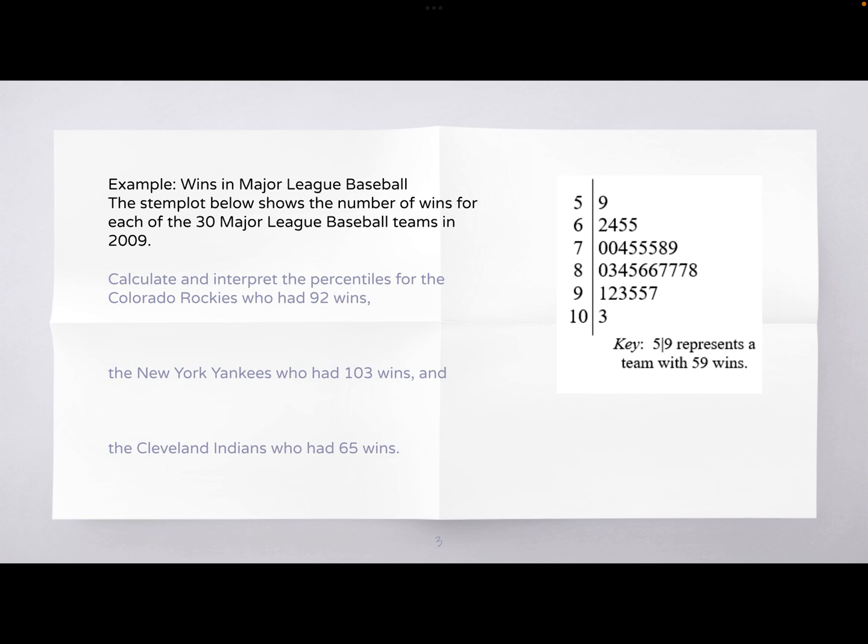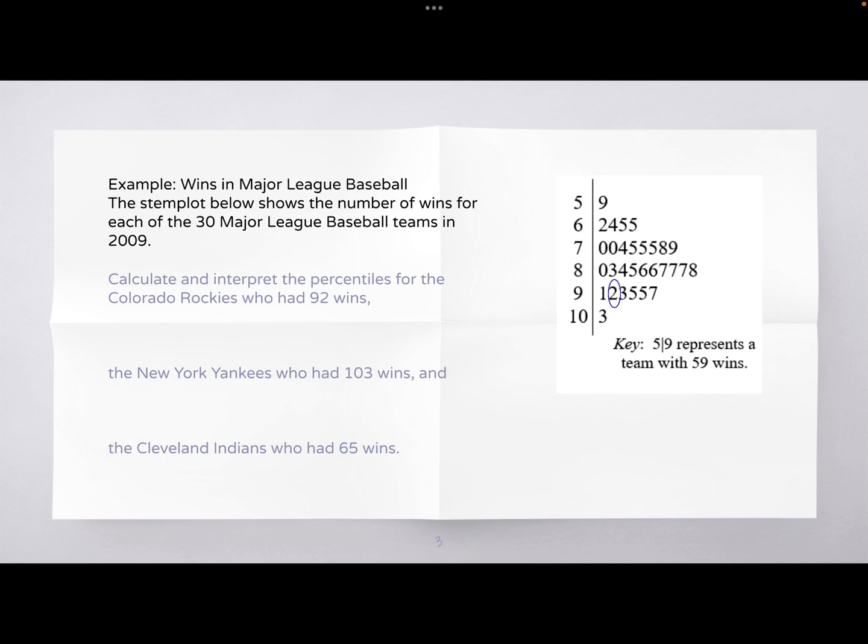Let's look more at percentiles. So, wins in Major League Baseball. The stem plot shows the number of wins for each of the 30 Major League Baseball teams in 2009. We see the 5 | 9 represents 59 wins. Calculate and interpret the percentile for the Colorado Rockies, who had 92 wins. So let's find out where 92 is.